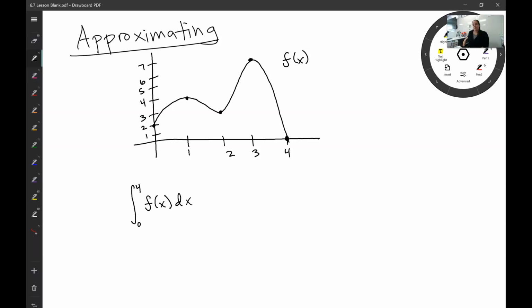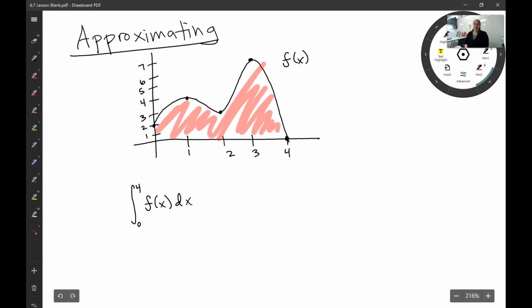It is about what if I have a curve that I can't actually find the integral of. We don't have rules to integrate it. Well, we do have some techniques to approximate this area, but that keyword is approximate. It is not actually finding the area, it's approximating the area.